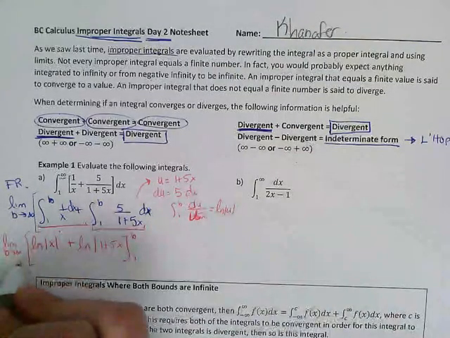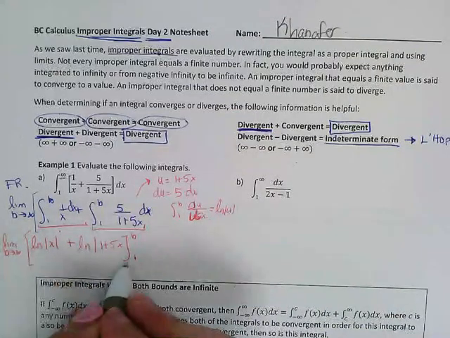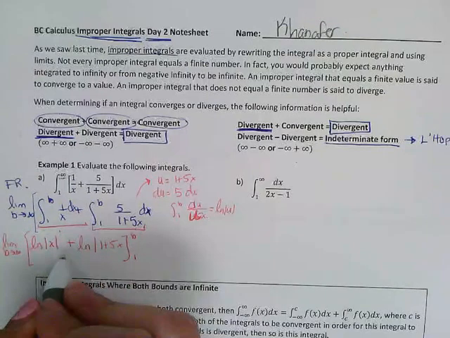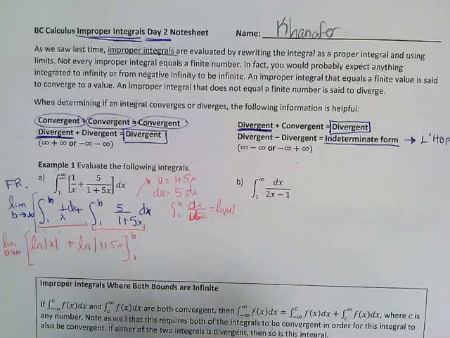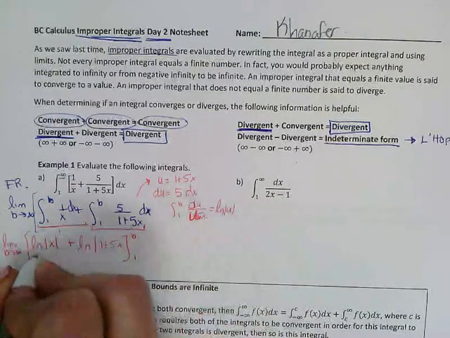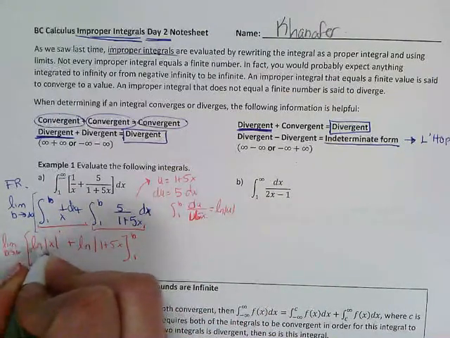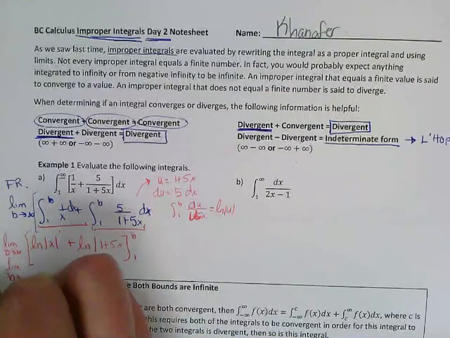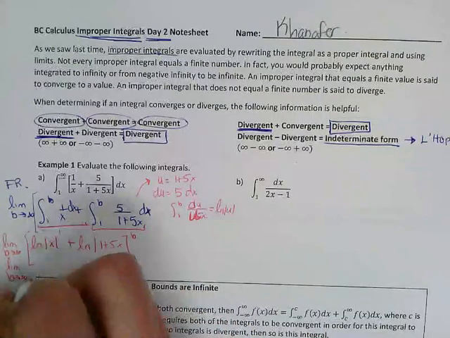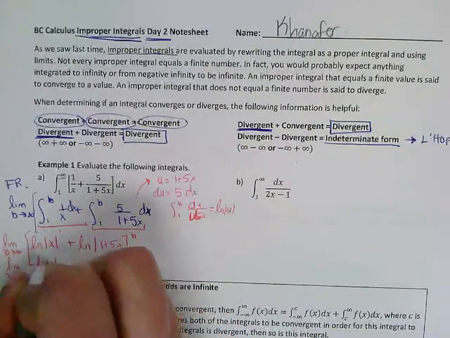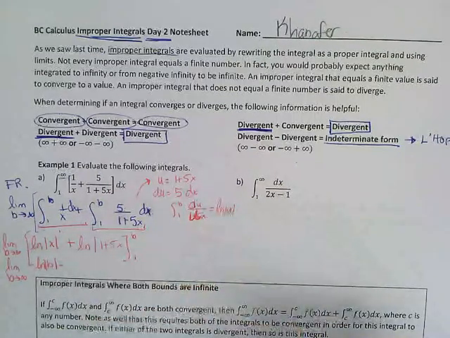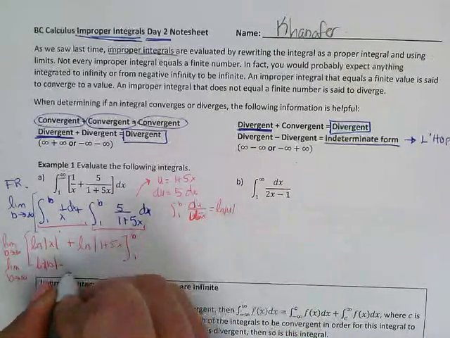So we can continue this by plugging in b and 1 into each of these terms. So the limit as b goes to infinity of ln of b minus ln of 1, and we know that ln of 1 is 0, so I'm not going to write that down.